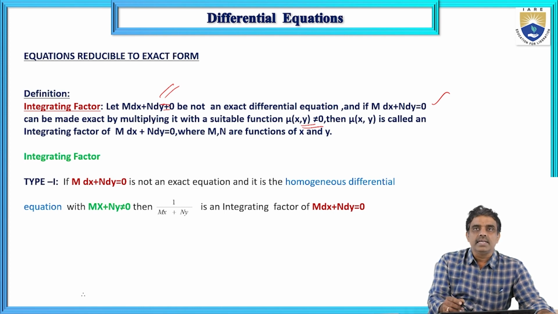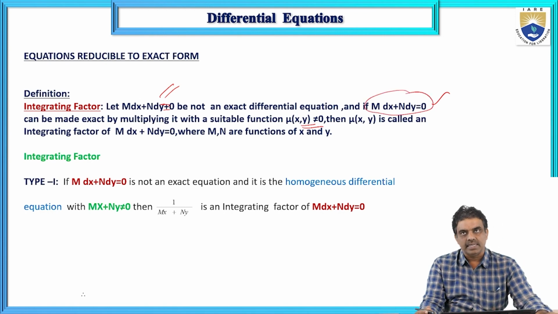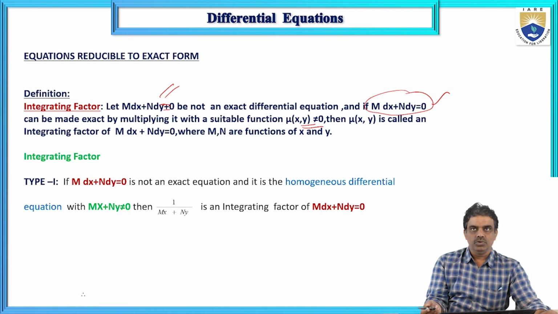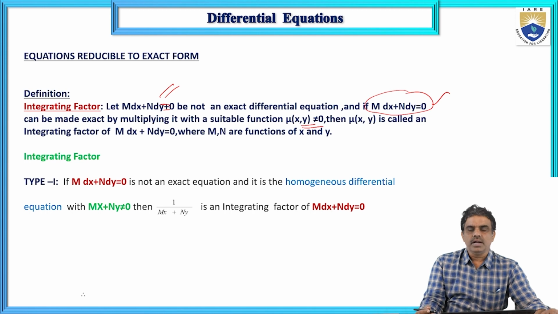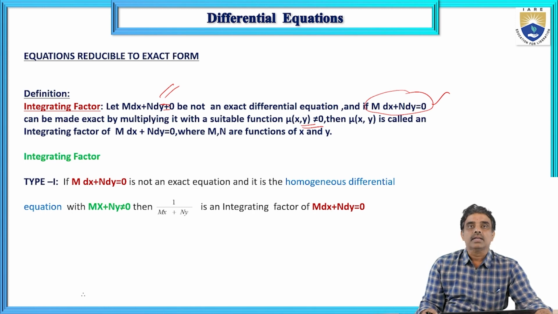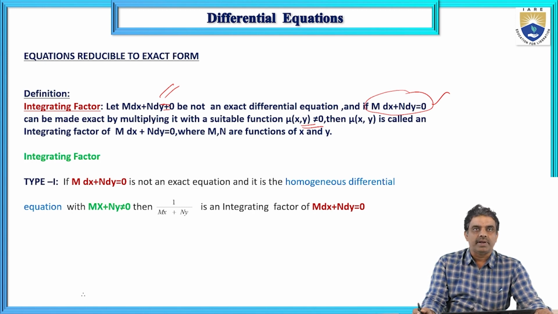After getting the integrating factor, we multiply it with M dx plus N dy equals 0, then the equation will be exact, and we can find the solution by the previous method, following the same procedure. Here we study four to five methods of finding integrating factors based on the given equation.